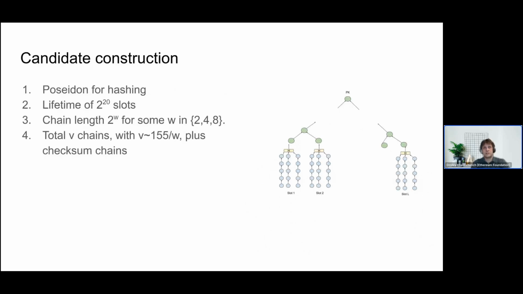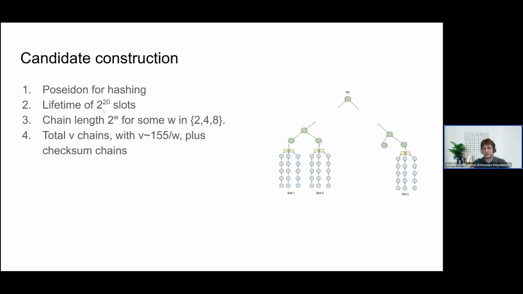So what constructions have we tested? We have tested a lifetime of 2 to the 20 slots. If each slot is 12 seconds, this means about 10 million seconds, which is about 100 days or something. So this is a viable parameter.